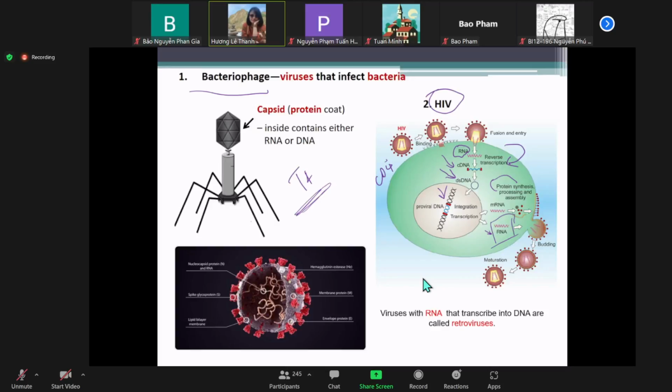And then they will be packaged and assembled and become a mature virus, and attack another CD4 cell. So pay attention, we have a retrovirus. This means they contain RNA. They need to transcribe into DNA.